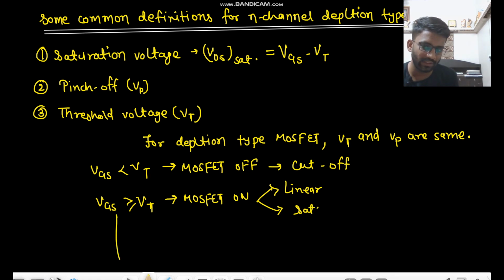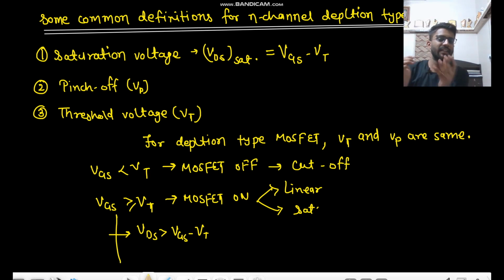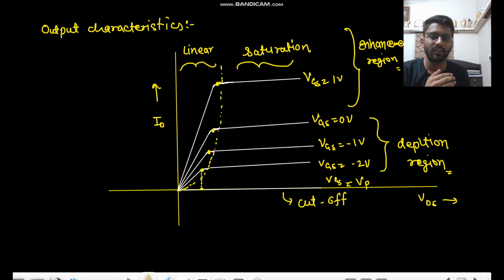So by following this condition, first is that VGS should be greater than VT. Then after that, if VDS is greater than VGS minus VT, I have told you what is VDS saturation. That is VGS minus VT. If this VDS is greater than VGS minus VT, the current will be saturated.